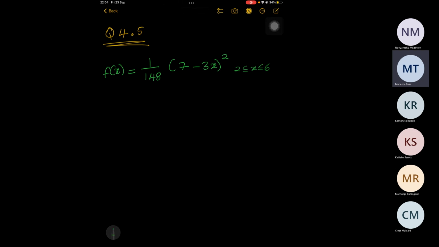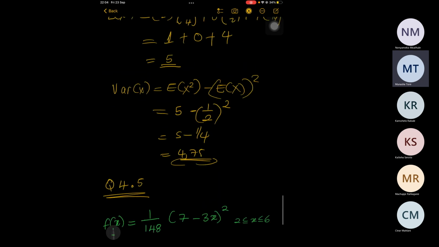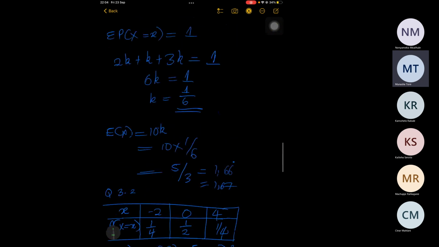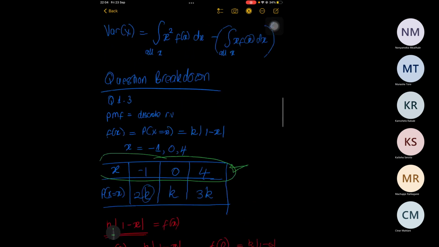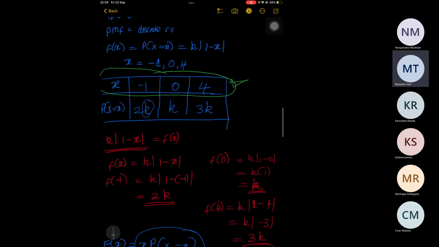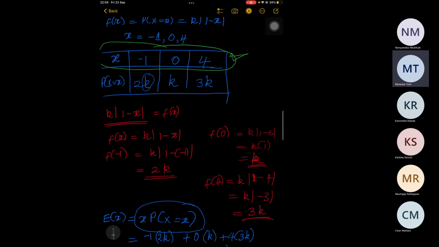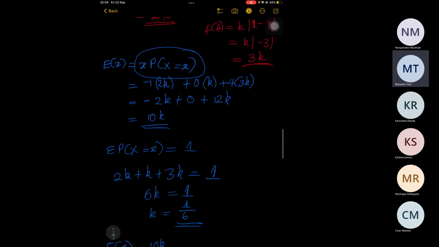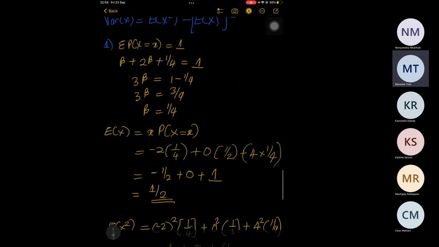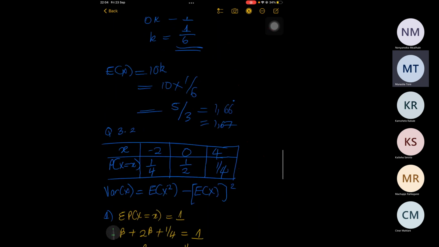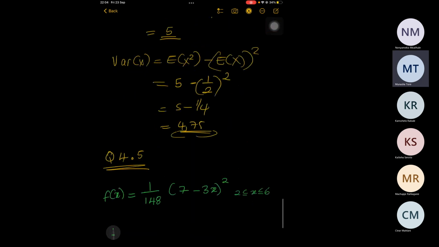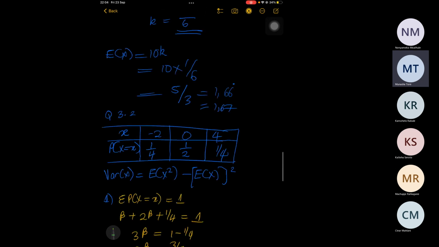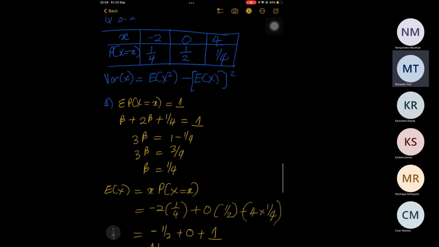And also, I want you to see something. You see all the examples that you are doing, like let's start with the first one that we did. When they're telling you the values of x, you are given exact values. Here you have -1, 0, and 4. And in the other question, we are also given the values of x where it's -2, 0, and 4.